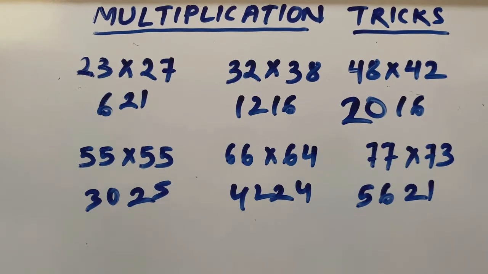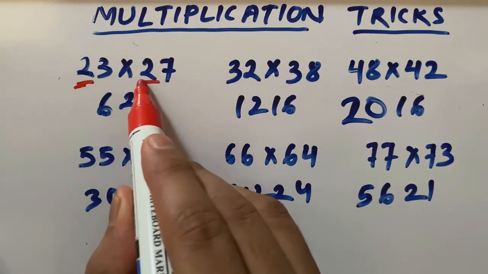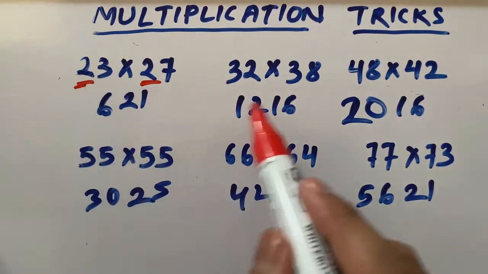Before that, you need to understand one more thing. Before applying this formula, you need to understand the condition when you can apply it. So what is the condition here? If we look at all the numbers, they are all two-digit numbers and the first digits are the same.